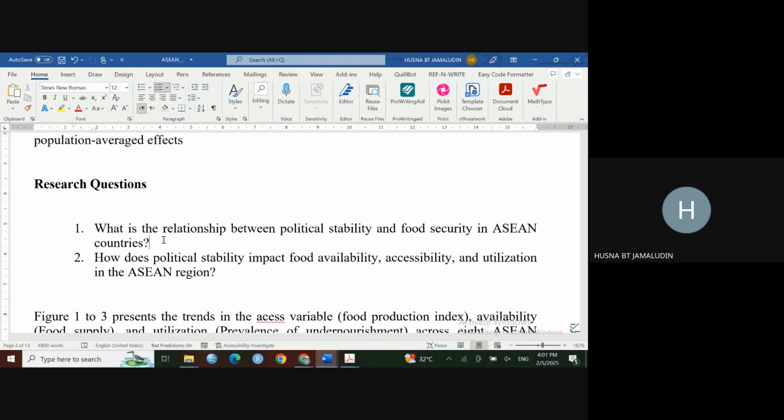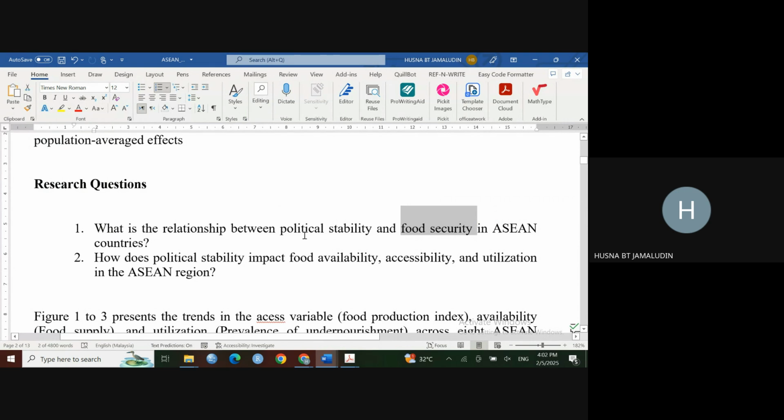This is about your literature, but at the moment we are just in the introduction part. So for the literature, let's pipeline a few more meetings rather than doing it all at once. Since we are here, I will touch on the literature review briefly. When you talk about political stability and food security, there are many factors that can affect food security.